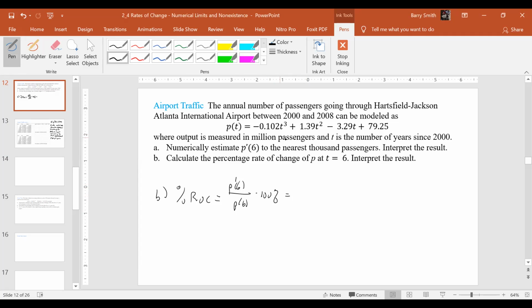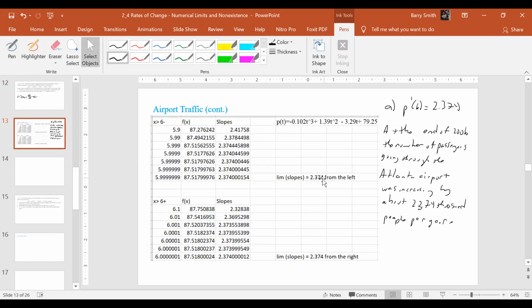So we have 2.374 divided by 87.518 times 100, and we get 2.72.